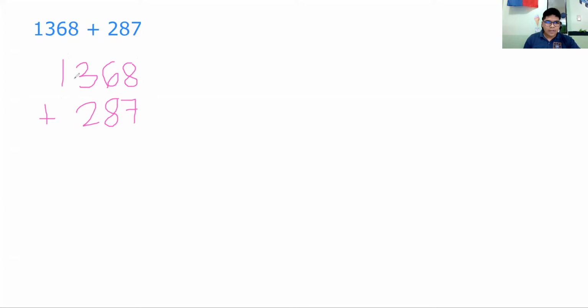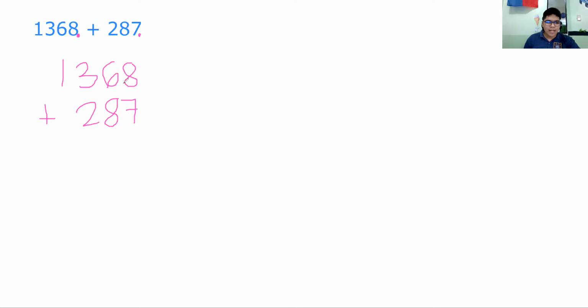Another way of looking at this, remember last time we talked about how every number has a decimal point. And that point separates the whole numbers from the decimals. So if you look at 1,368, this is where the decimal point would be. For whole numbers with no decimal, the decimal point is at the end. Same with 287.